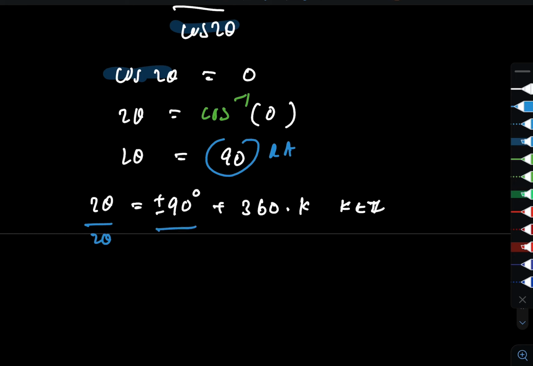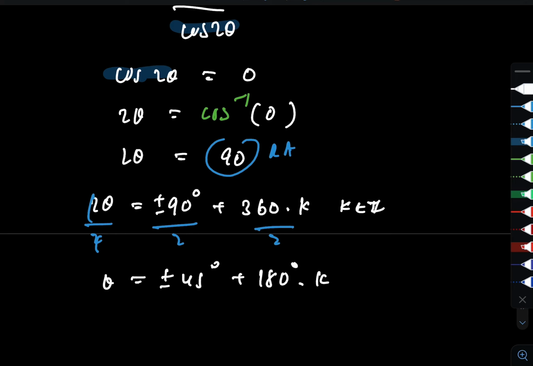So I'm going to divide throughout by 2, and then that and that cancel. I'm trying to solve for θ, and then it's going to be plus or minus 45 degrees, since 90 divided by 2 is 45 degrees, plus 180 degrees times k, where k is an element of integers.